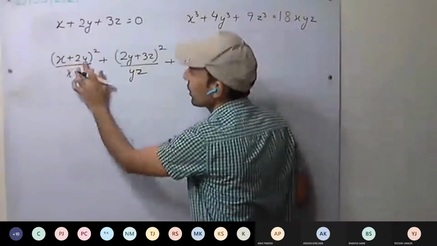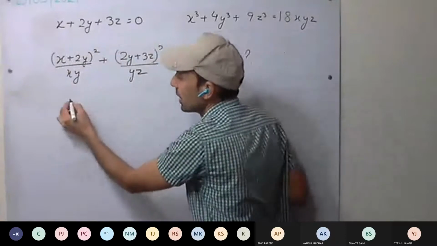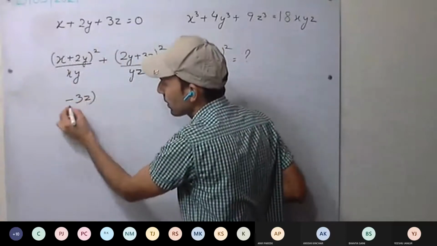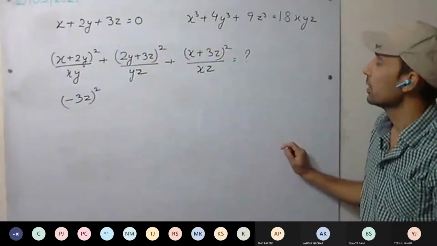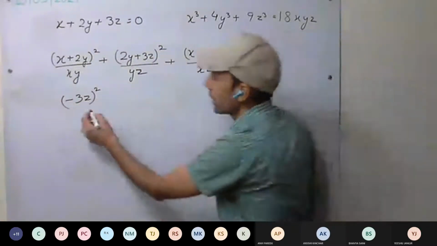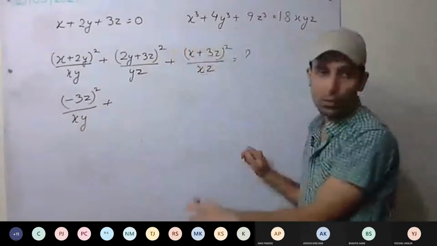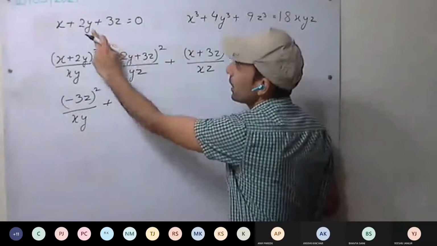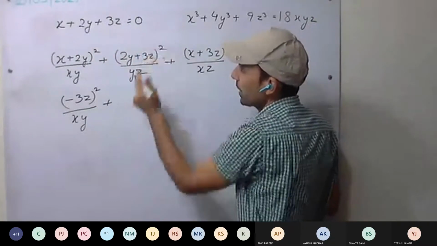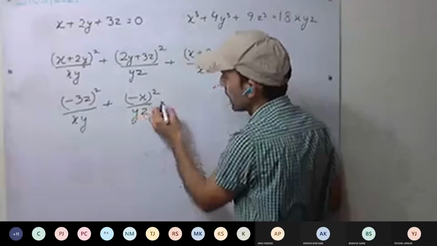So x plus 2y, what can we put? x plus 2y equal to minus 3z. Don't miss the step. Minus 3z the whole square, divided by xy, plus, I'll be a bit slow for this question, it's important, 2y plus 3z will be how much? Minus x, square upon yz.